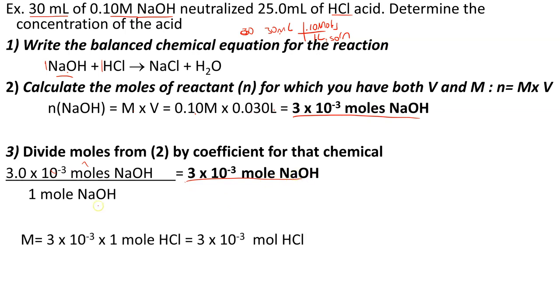And then you're going to take that, and realistically these moles should cancel out too. So you should just be left with a number. It's like step 2 of stoichiometry. You're going to take 3 times 10 to the negative 3 and multiply by the moles of whatever you're looking for. So what am I looking for in this situation? I'm looking for HCl. So I multiply by the 1 for HCl.